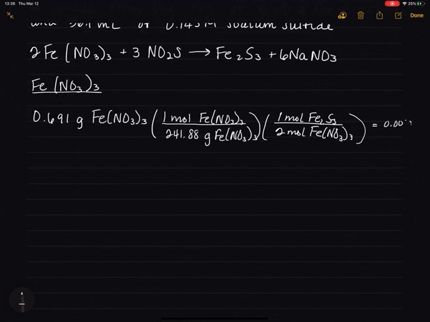I still need to go to moles, but I don't have grams, so I have to convert. I have molarity, and what does molarity tell me? Moles per liter. When I have solutions, molarity is going to have the same function as my molar mass.